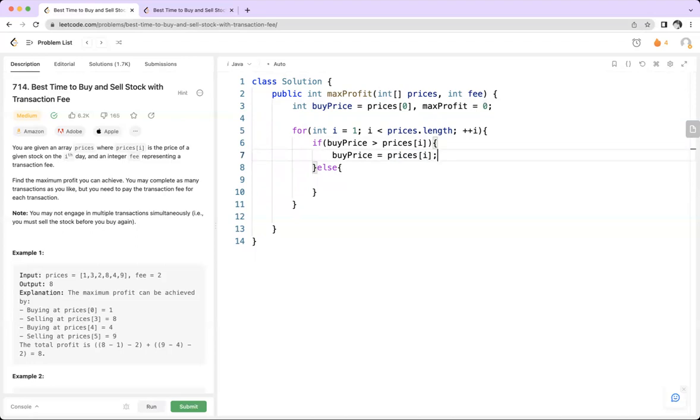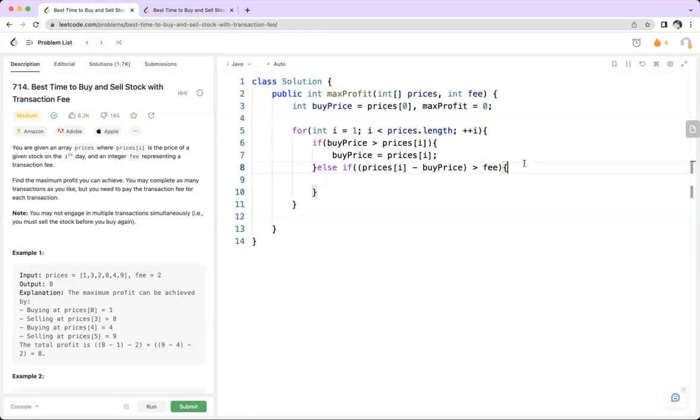So on any given iteration, we are either setting the buy price or selling. Once we have set the price, we will not sell it on the same day. To sell on some day, we check prices of i minus buy price, which we have set earlier, in brackets, and if it is greater than fee, then only we are going to sell it.